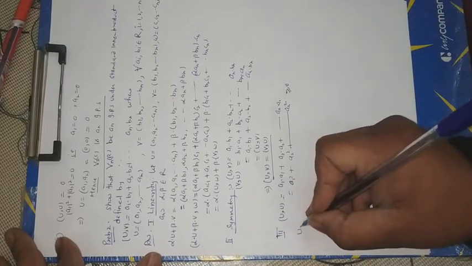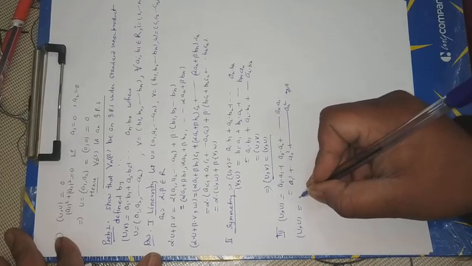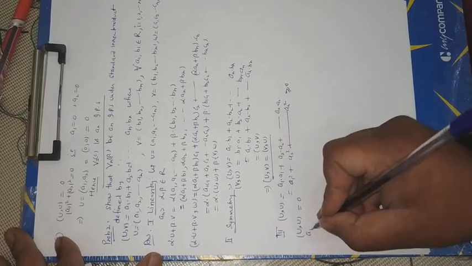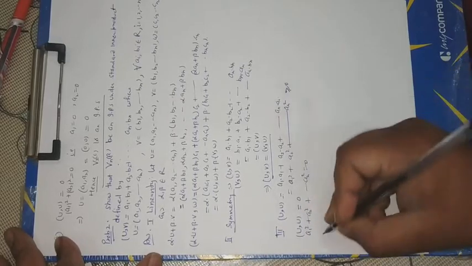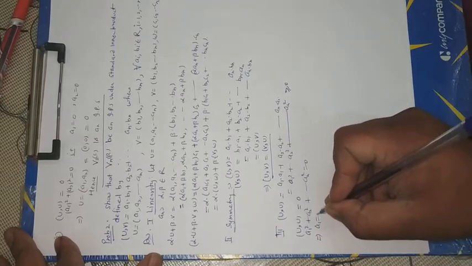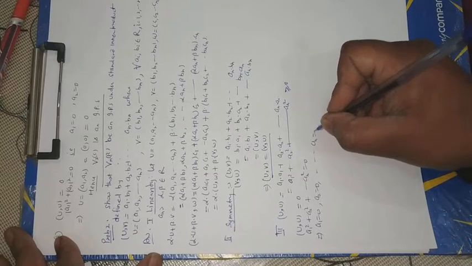Now if U inner product with U is equal to 0, that is A1 square plus A2 square plus up to dot AN square is equal to 0, imply that A1 is equal to 0, A2 is equal to 0, up to dot AN is equal to 0.